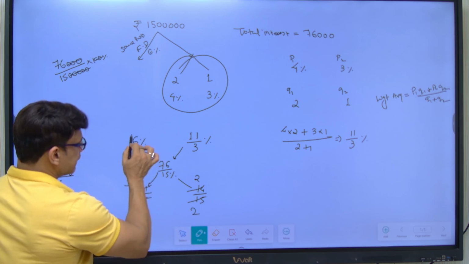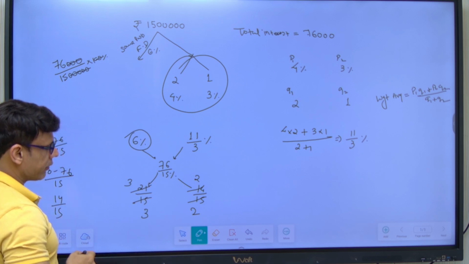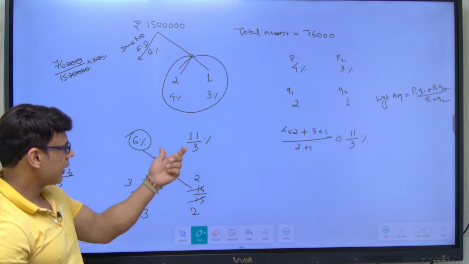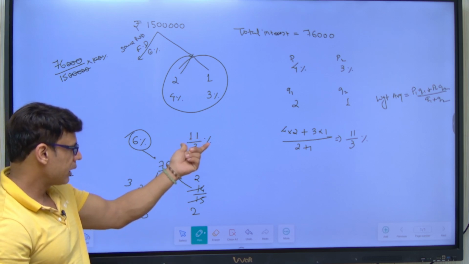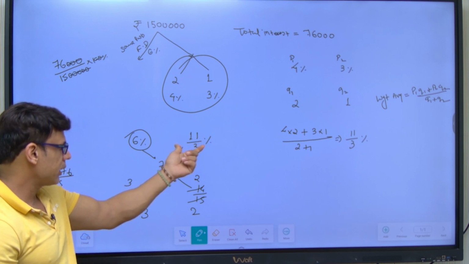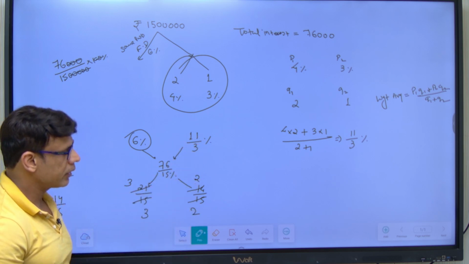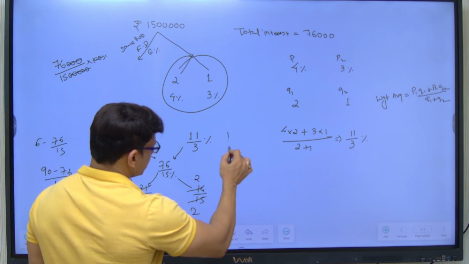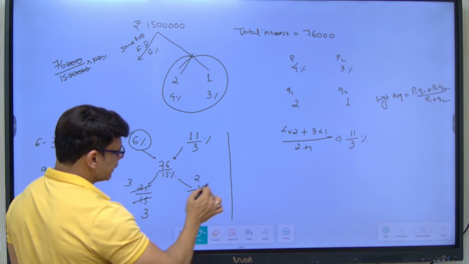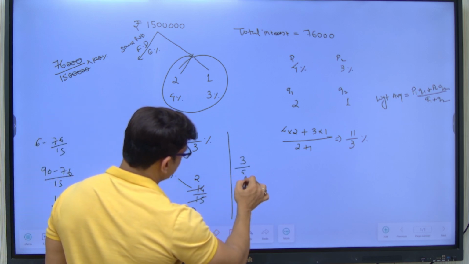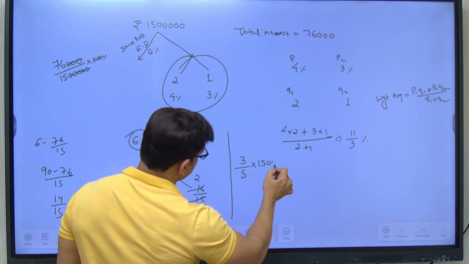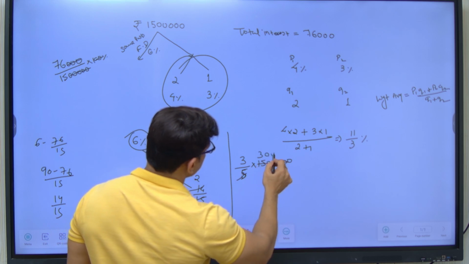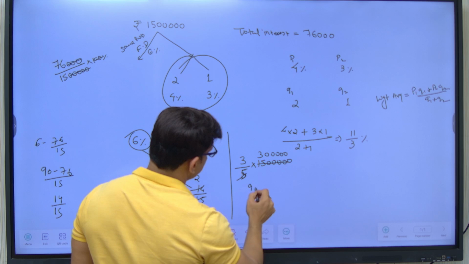So at 6% rate of interest, you invested 3 part of the total 15 lakh. And at 4% and 3%, the remaining money you invested 2 part of that in the ratio 2:1. How much did you invest at 6%? It is 3 part out of total 5 part into total 15 lakhs, which is equal to 9 lakhs.